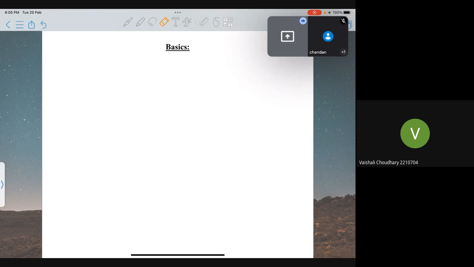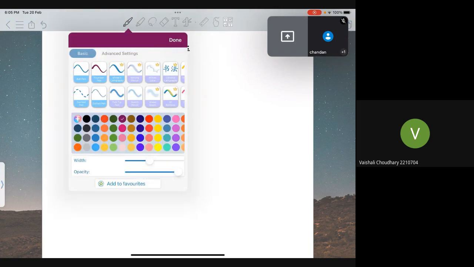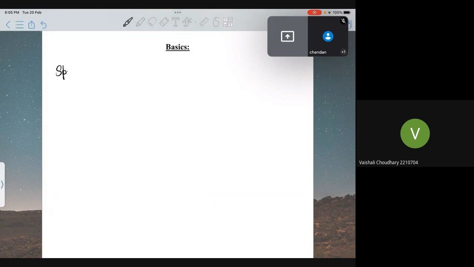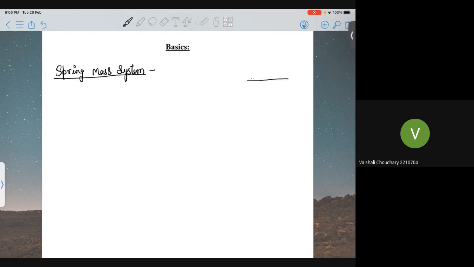So in a spring mass system, let's say this is the fixed end, and this is a spring having a spring constant K, which is fixed at one end, and at the other end we have attached a mass M, and we are applying a force.